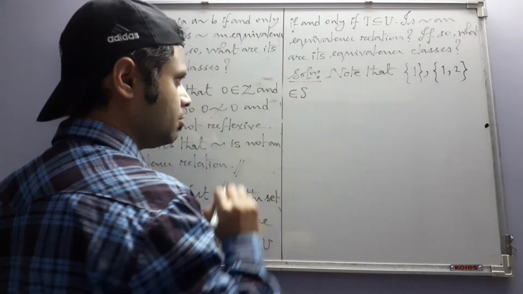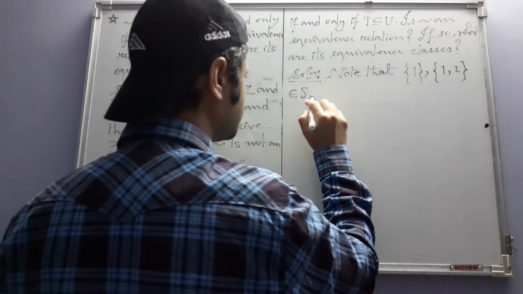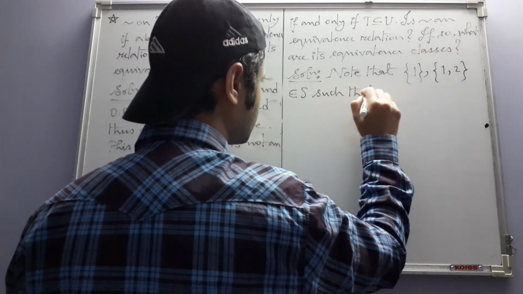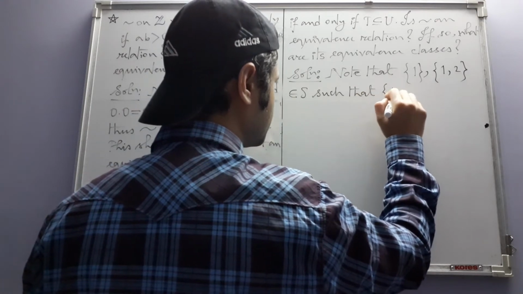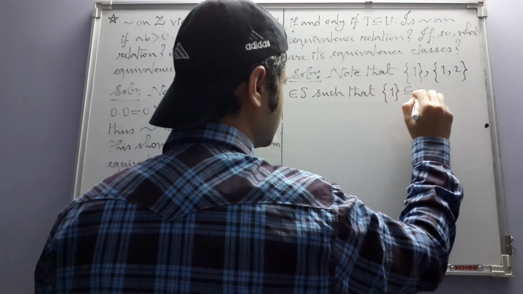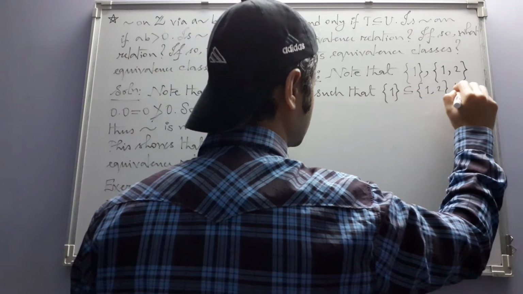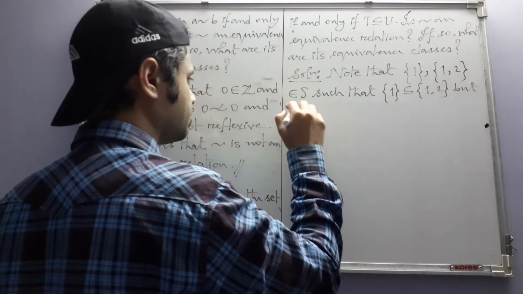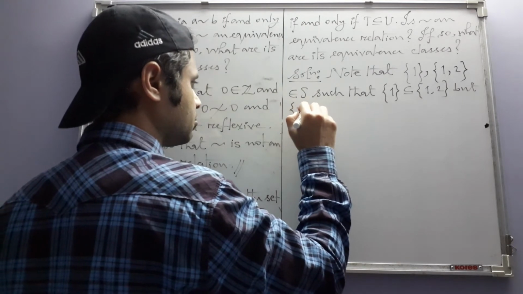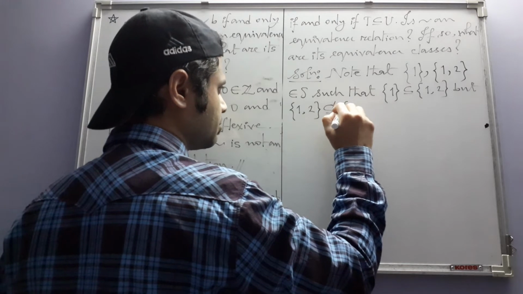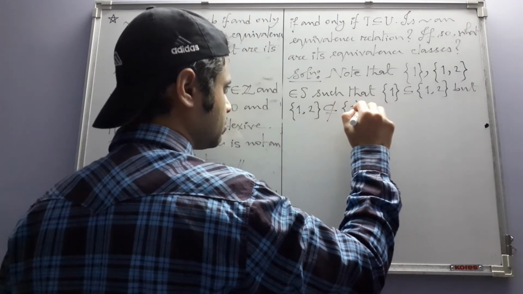These are two elements in S such that the first one is a subset of the second, but the second one is not a subset of the first.